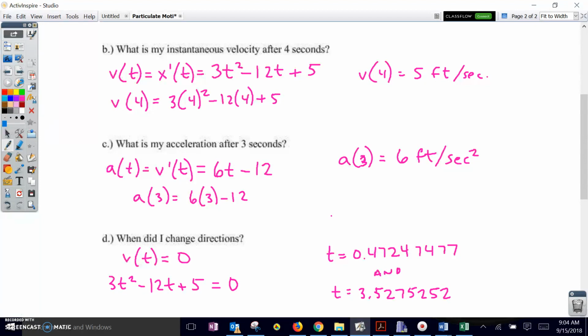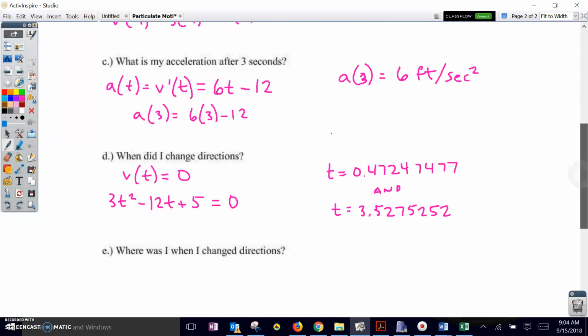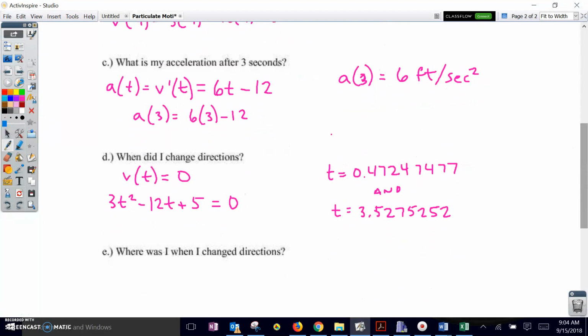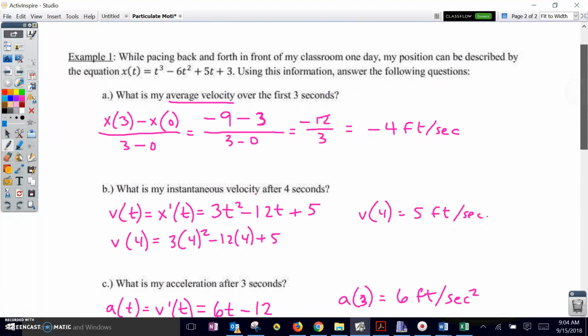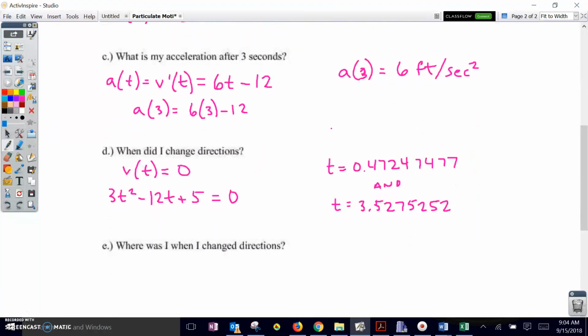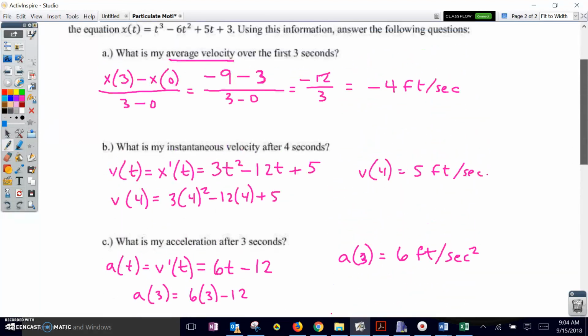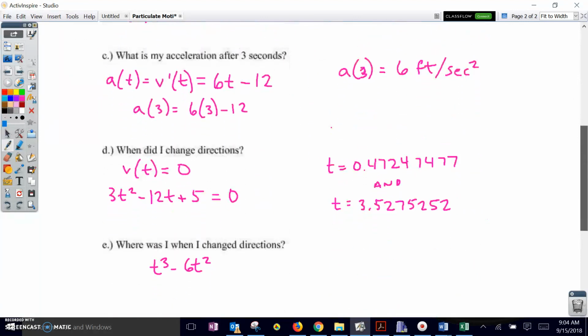Now, in part E, it asks me where was I when I changed directions, and in order to find that, we need to go back to our original position function, t cubed minus 6t squared plus 5t plus 3.